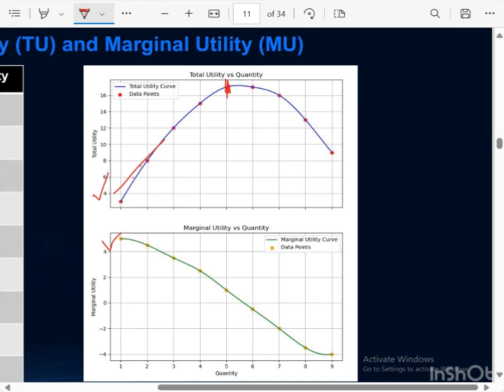At this point marginal utility becomes 0, and when total utility decreases, then marginal utility becomes negative.